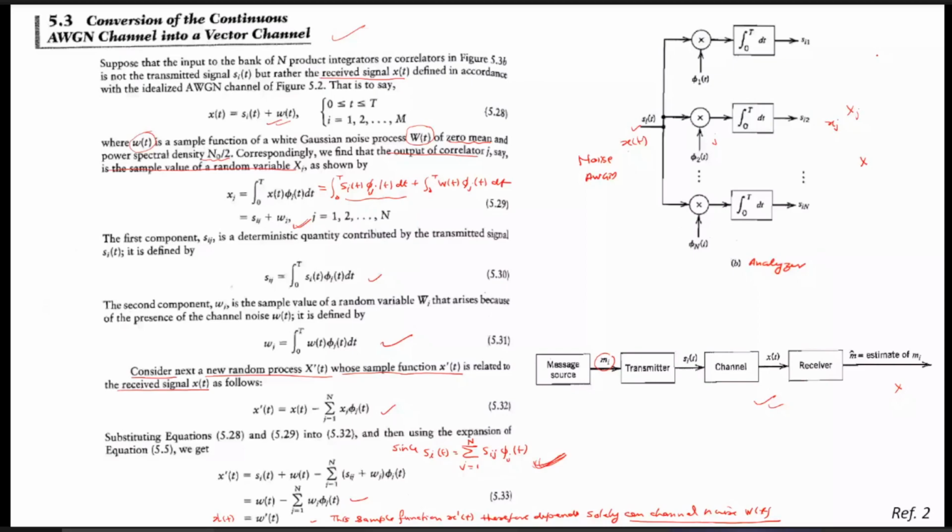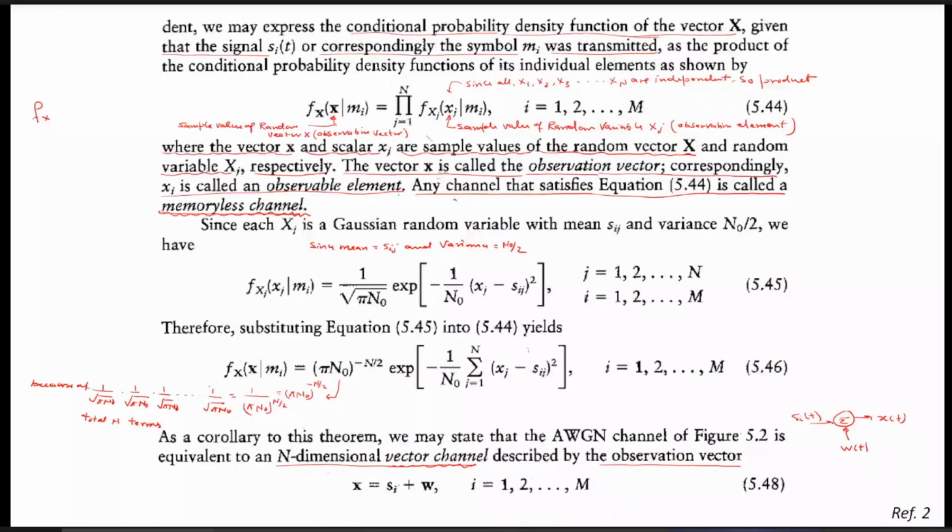We define the conditional density function of X given that mi is transmitted because our aim is to estimate this mi. This random vector X at the output is called the observations vector.